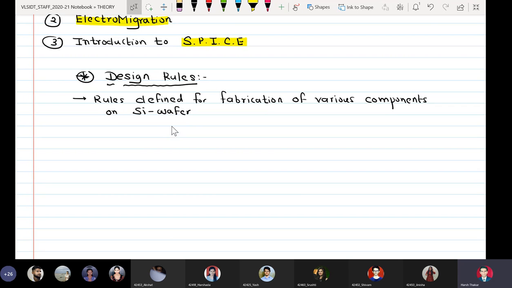So design rules are nothing but the rules which are defined for fabrication of various components on silicon wafer.